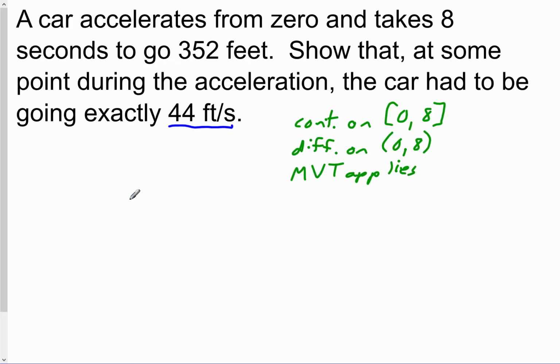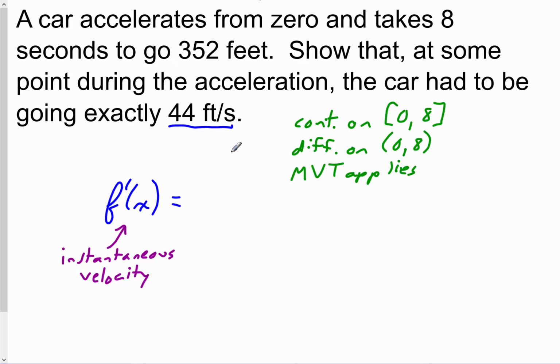So I don't know what my derivative is, but what I do know is that this is going to be my instantaneous velocity. But that should equal my average velocity.